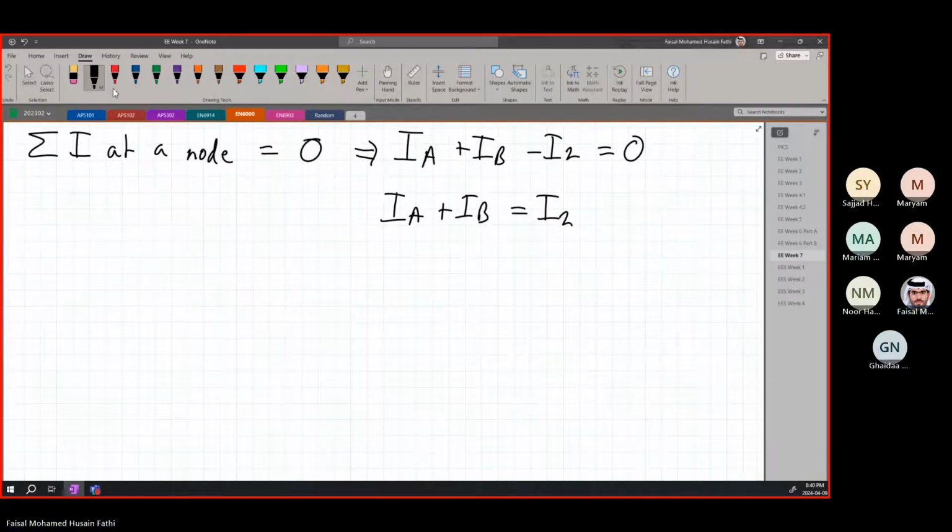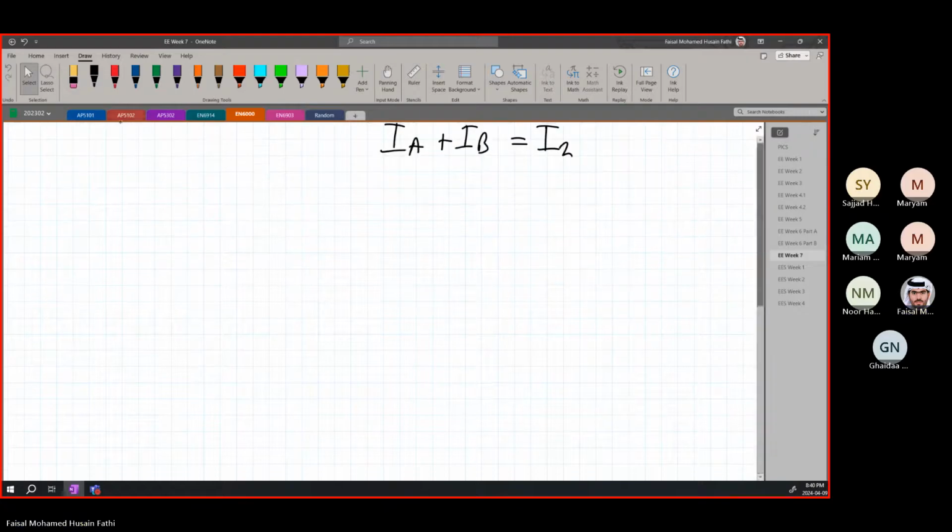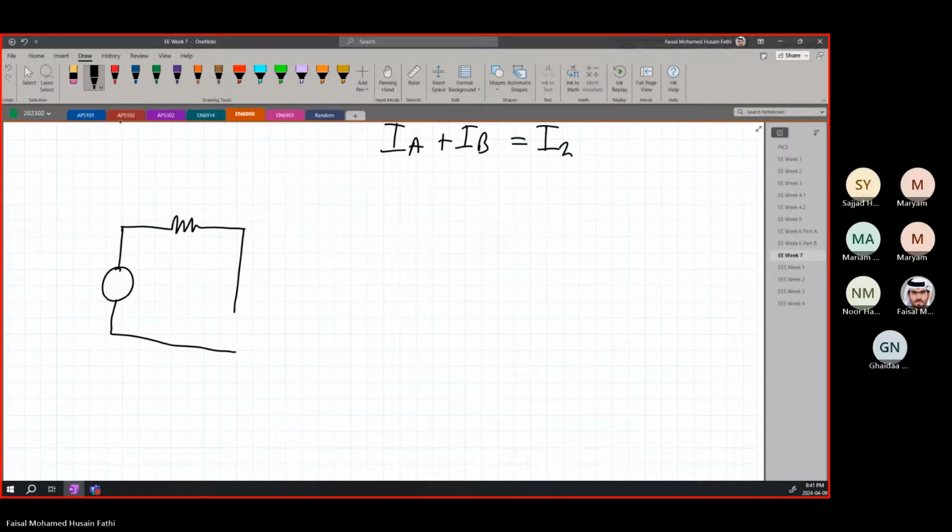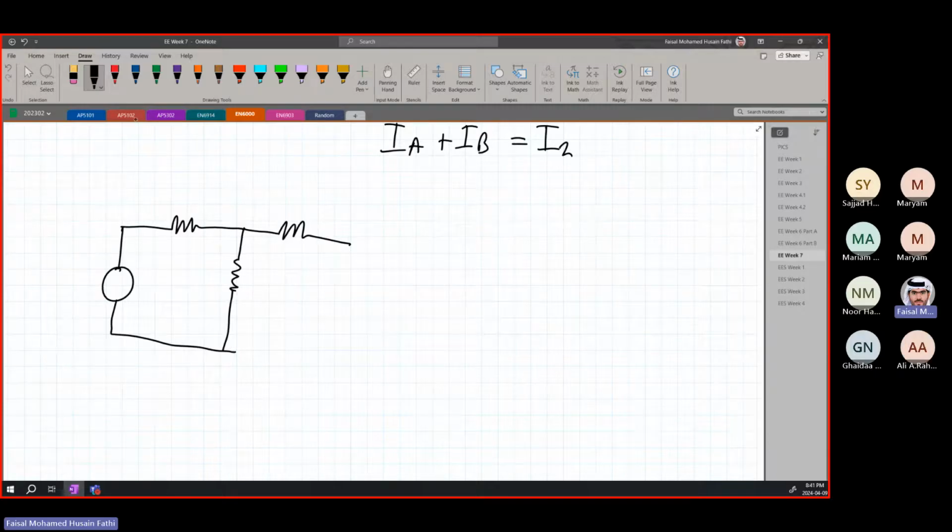So let us take an example here. If we have a circuit, a basic circuit. Some simple circuit here with a resistor in the middle as well. And let's just say this is how it is. So if we're looking at this node, okay, we know that this is plus minus.